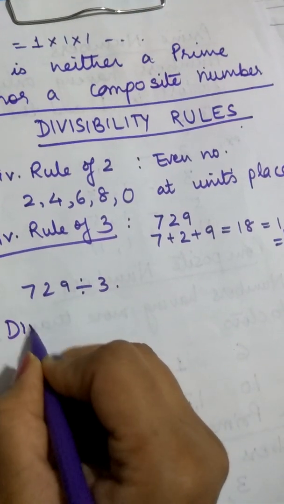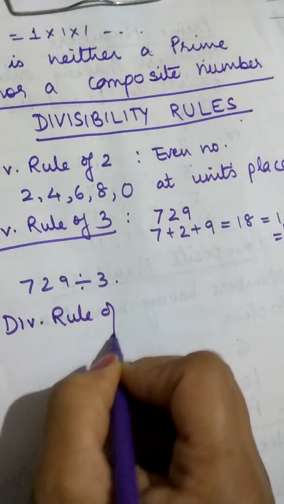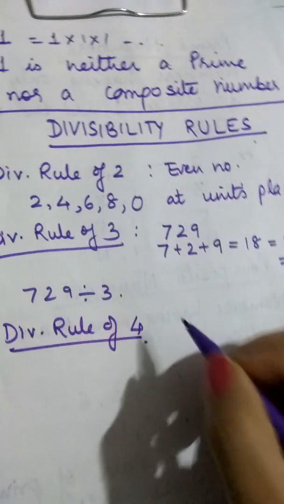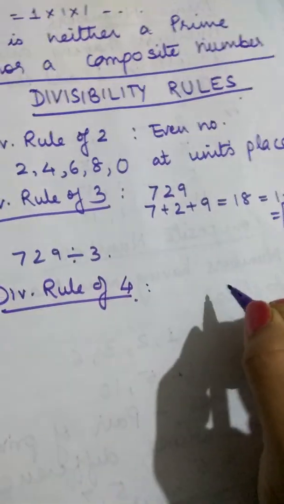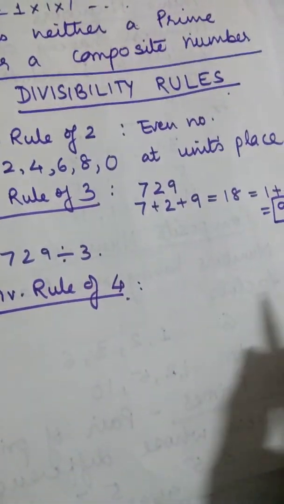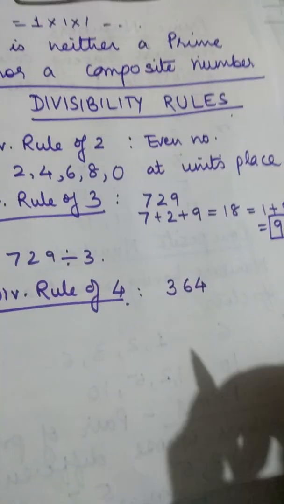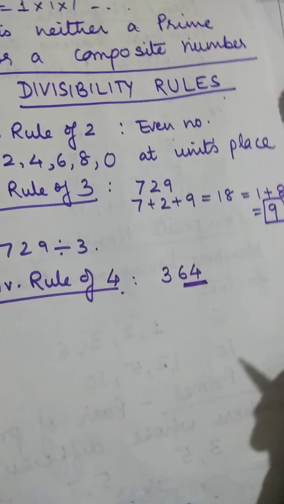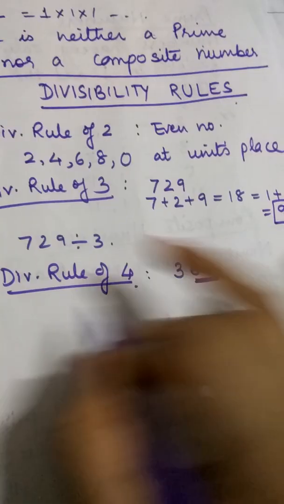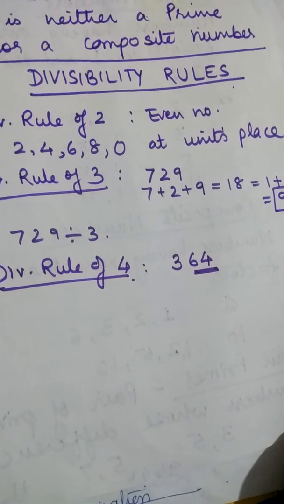So the number 729 will be divisible by 3 completely. Now the divisibility rule of 4. The rule is: if the last two digits of any number, suppose I have the number 364, are divisible by 4, then the complete number will be divisible by 4.